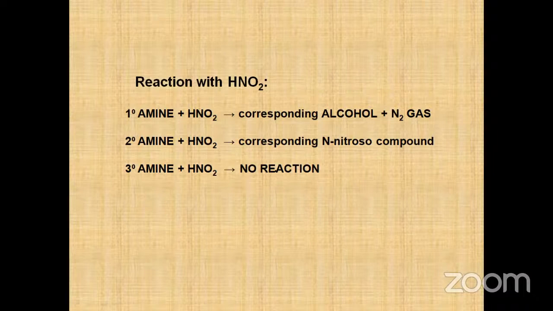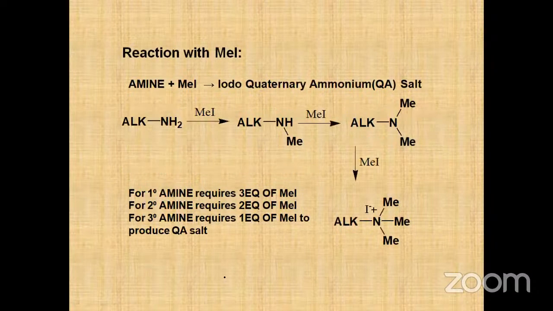If it is a secondary amine, that leads to the formation of a nitroso compound. If it is a tertiary amine, the nitrous acid will not react with it. This simple reaction with nitrous acid easily differentiates primary, secondary, and tertiary amine.